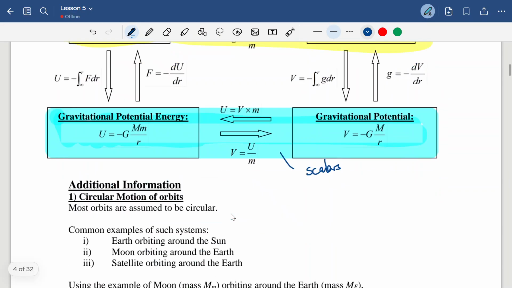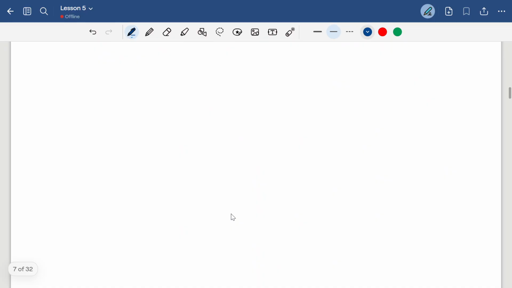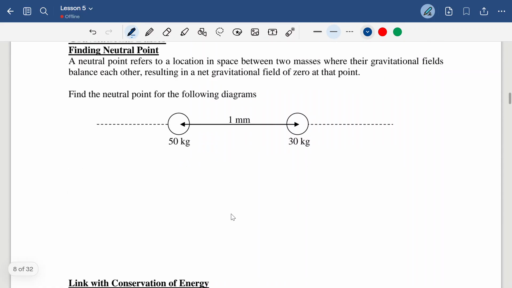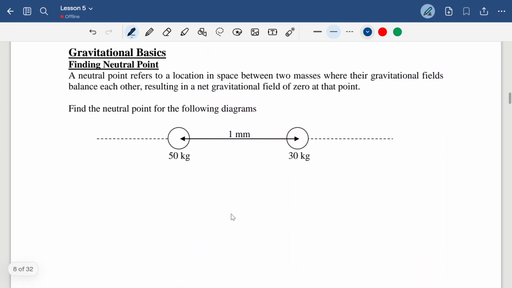Okay, now let's do some simple questions. Go a few pages later, the basics. Look at this first thing, which is also an application in a way. This first thing is called the neutral point.